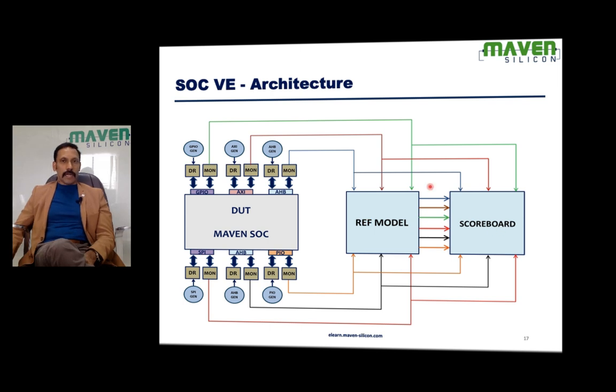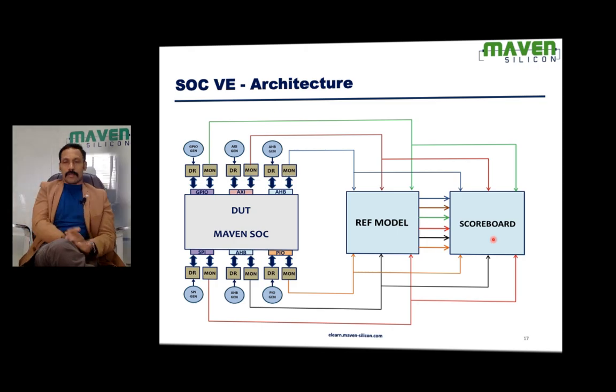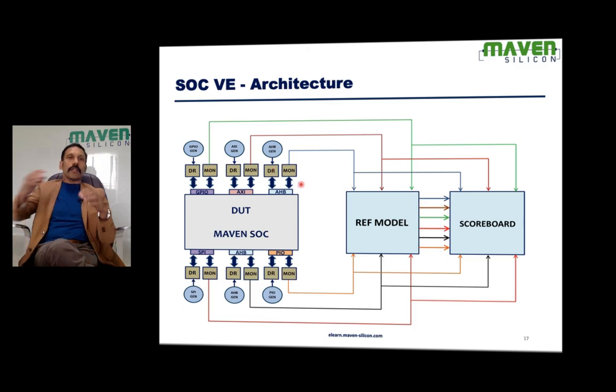And we need to connect all the monitors with the scoreboard also. But in this case, the scoreboard is going to collect only the output values. Here, every interface has got a monitor. The monitor might produce different kinds of values. When you drive stimulus, it will produce expected values through the reference model. And when the SoC produces output, the same monitor will collect the output and post the output values primarily to the scoreboard.